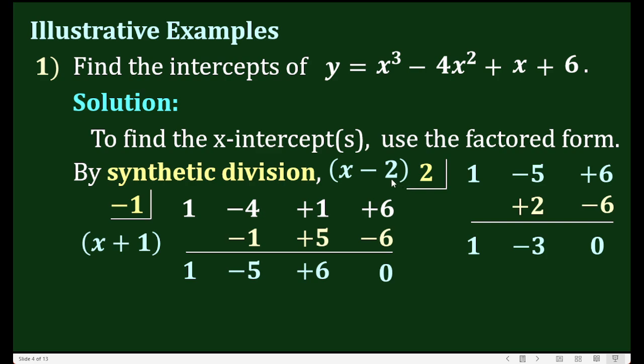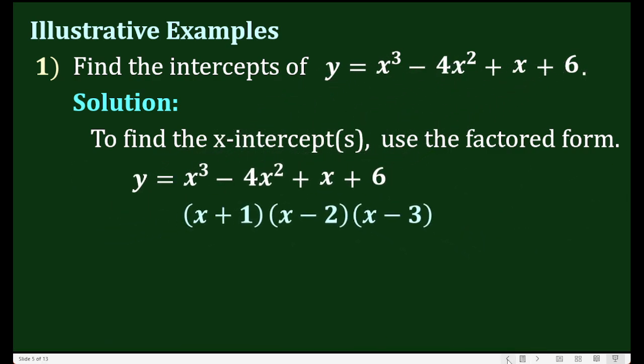The third one is found here. This is 0, the remainder, this is your constant term, and this one right here is the coefficient of the term whose degree is 1. So we can express this as a linear factor of x minus 3.